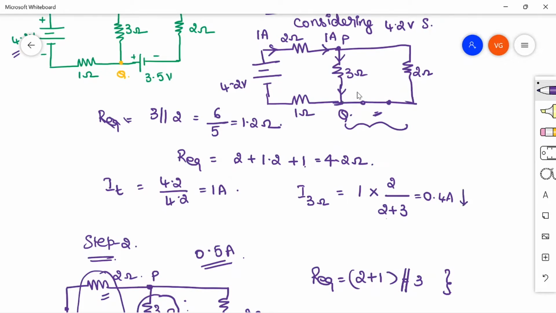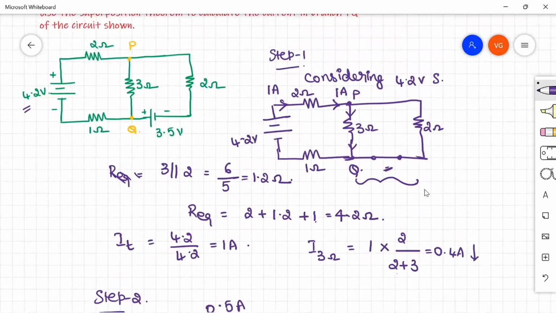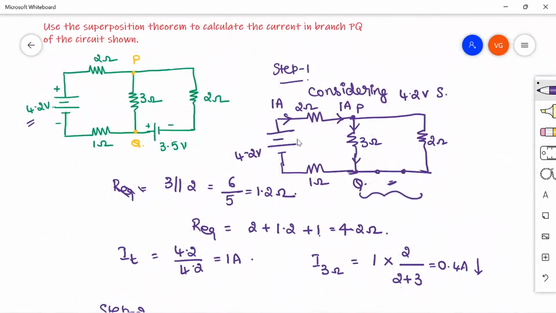So now we have to add these two currents. According to superposition theorem, the current that is flowing in any branch because of multiple sources is equal to the sum of the currents that are activated by the independent sources acting independently, making the other source inactive, right? So sum, we have to add them up.